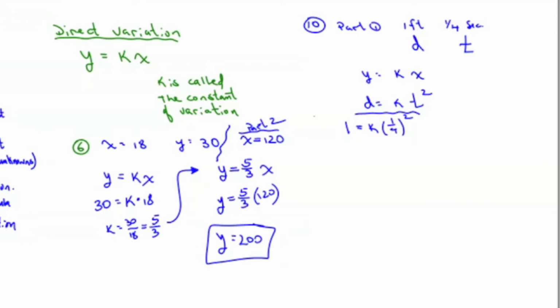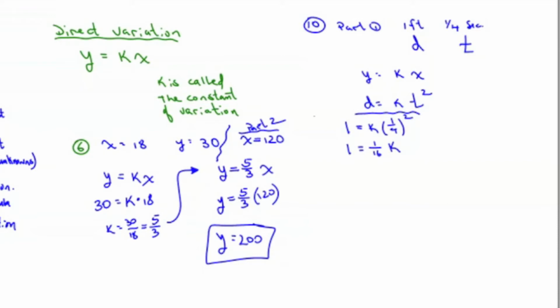What's a quarter squared? No, it is not a half. 1/4 times 1/4 is 1 over 16. So this is 1 equals 1/16 of K. I could use the commutative property there. How do I solve for K?